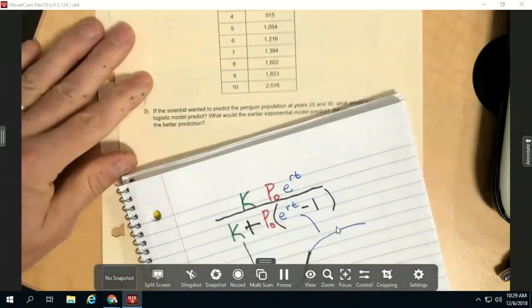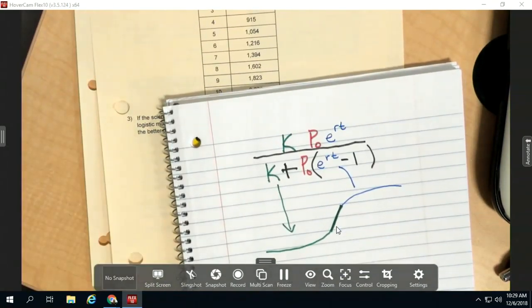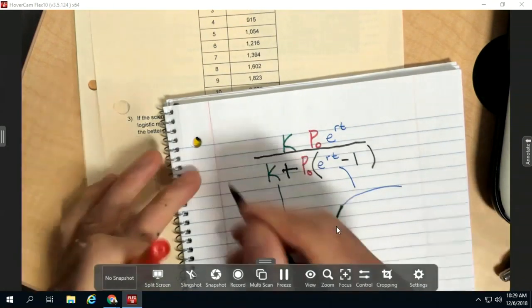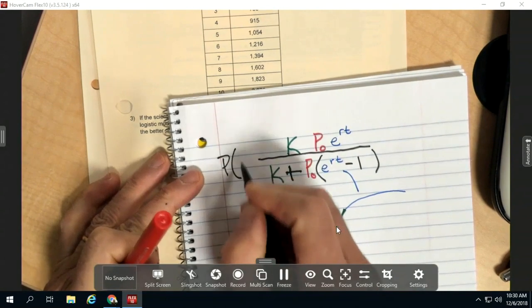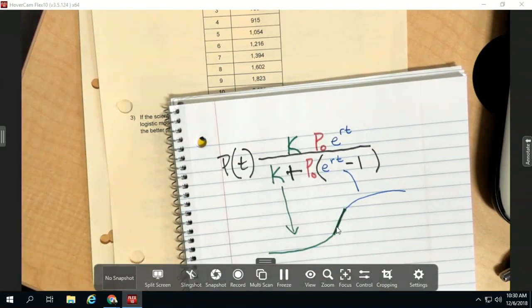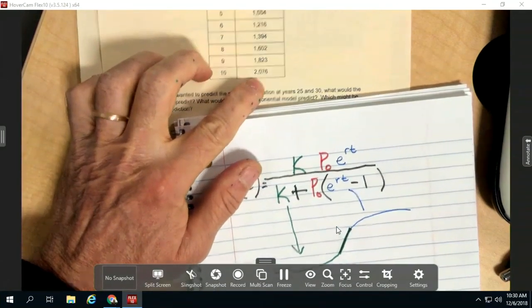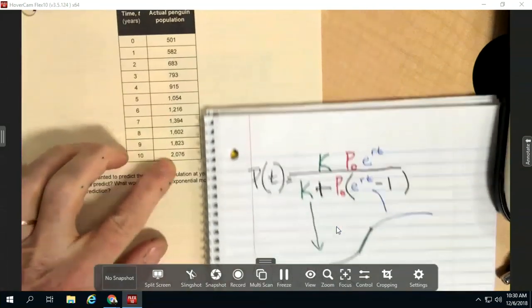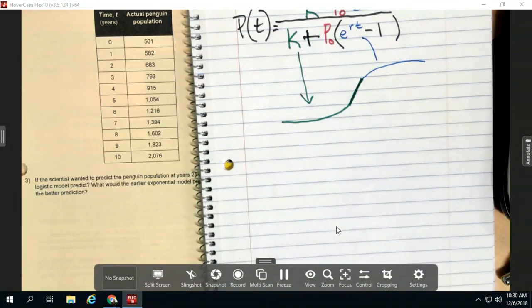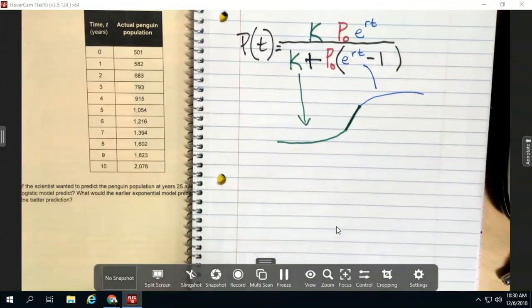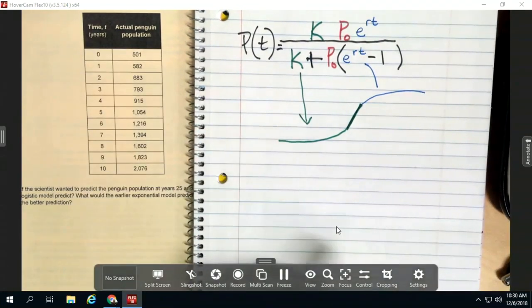At time 0, I forgot to give the beginning part of the function. Population as a function of time equals. Okay. Here's our table. We want to know, how do we get it so that at 10 years we get close to that number? Well, let's fill in the stuff that we know.